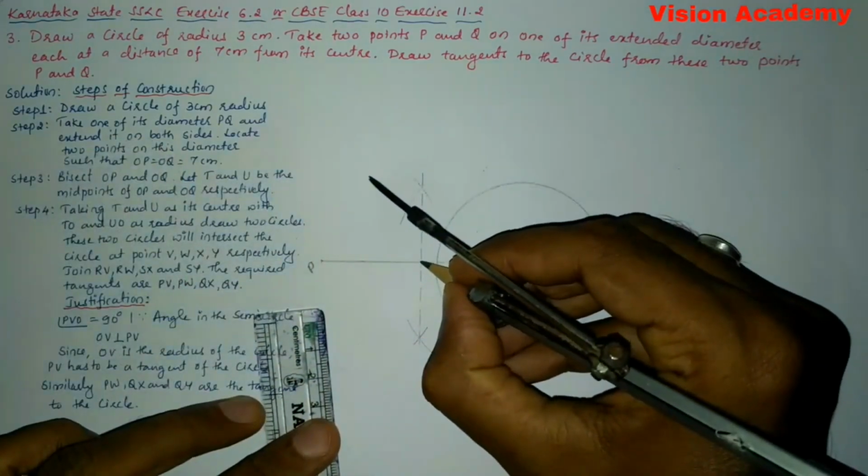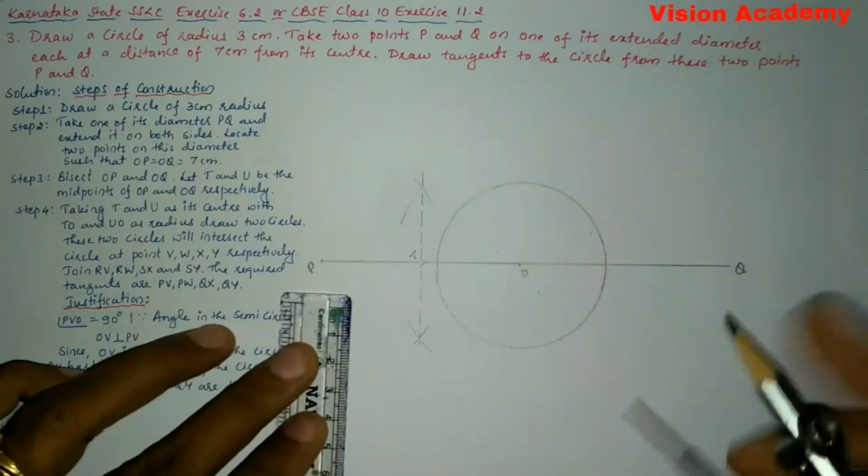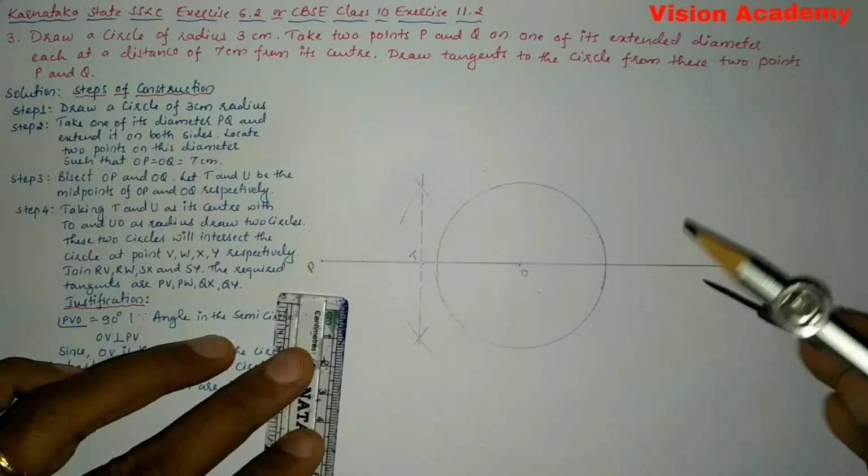So this intersected point, let us call it as T.